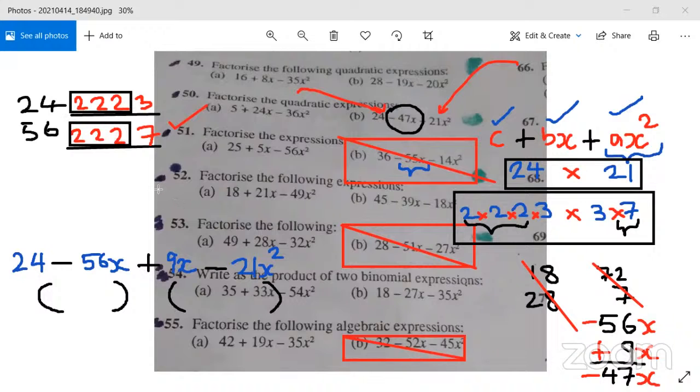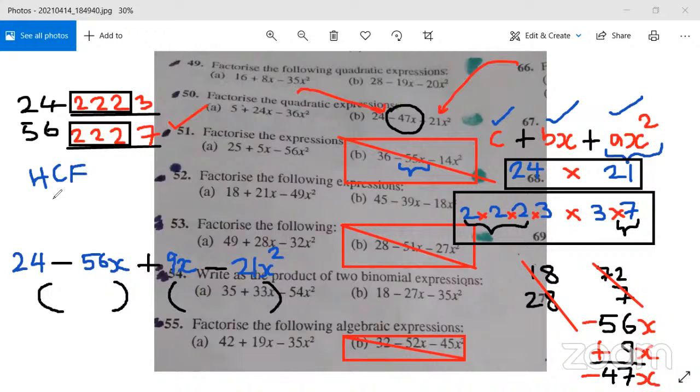So our HCF, right? Believe me when I tell you, as early as primary school to as advanced as working out quadratic expressions, we will need to use the HCF or the GCD.